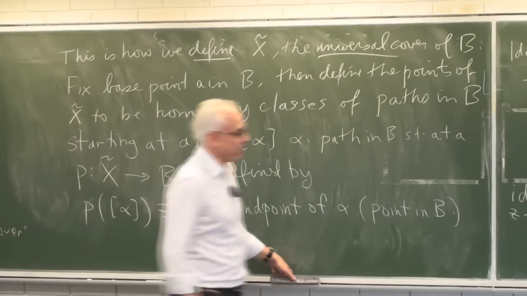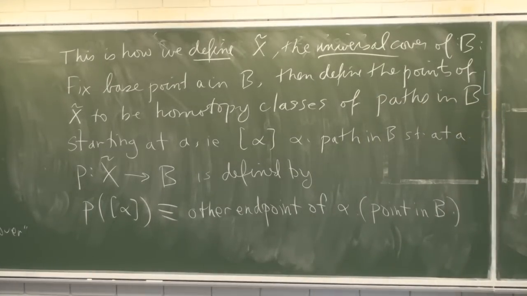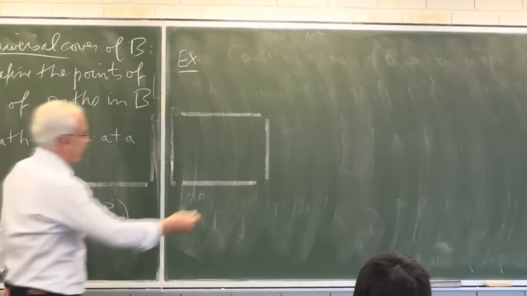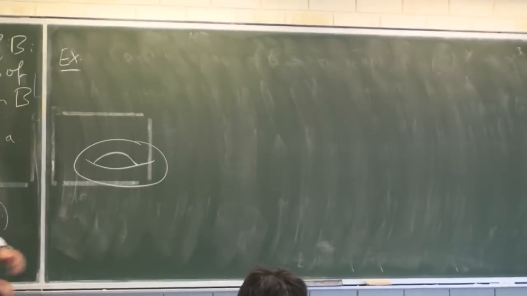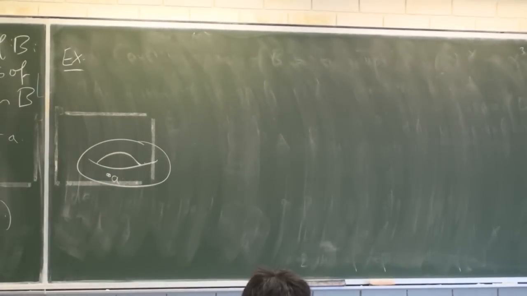All right, so let's look at some examples. Let's look at the torus. Let's choose a base point. And let's ask ourselves, suppose we didn't know what the universal cover was. What would happen if we just look at paths in the torus? Arbitrary paths starting at A. What are all the possibilities?